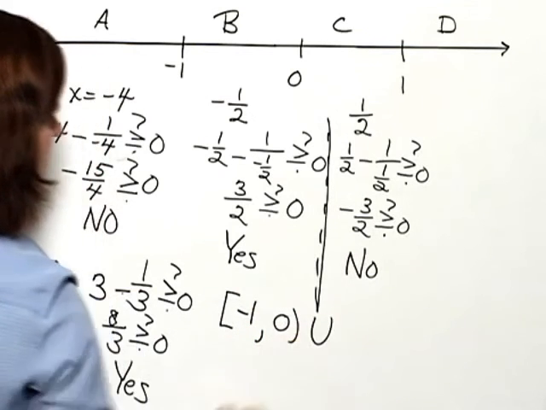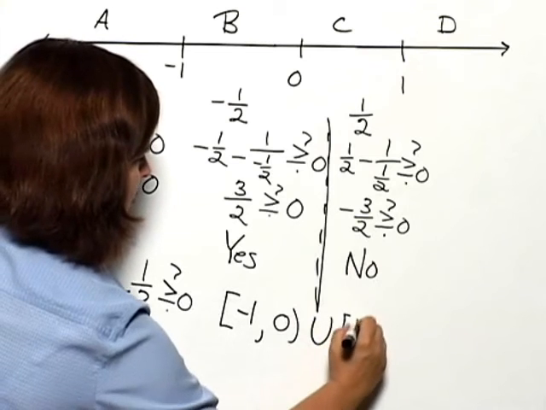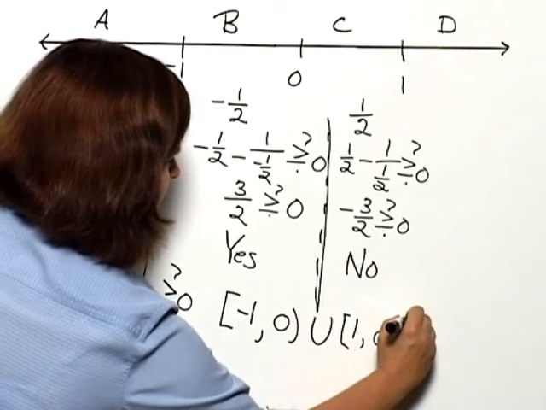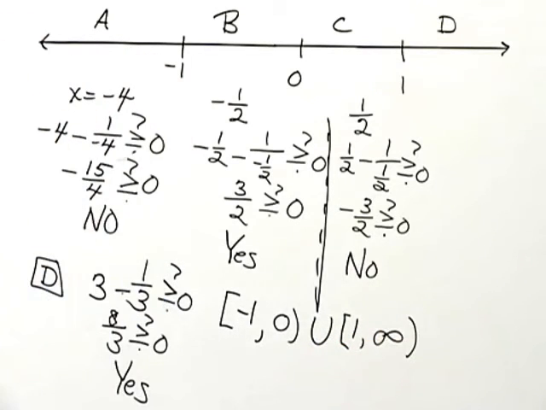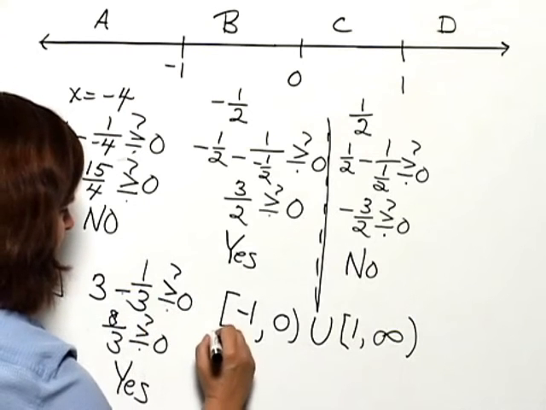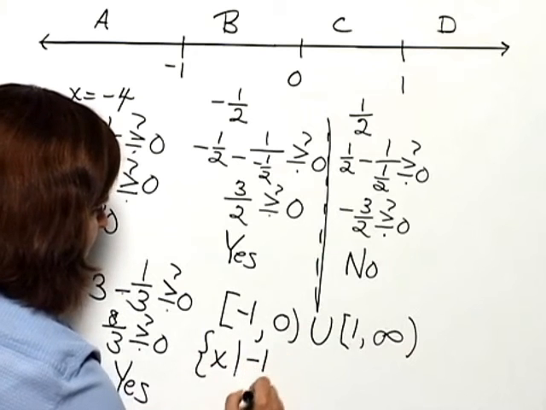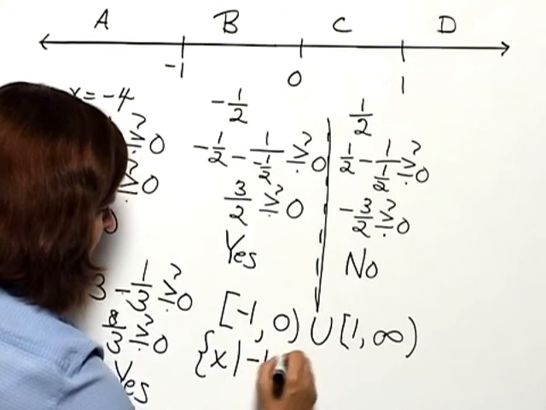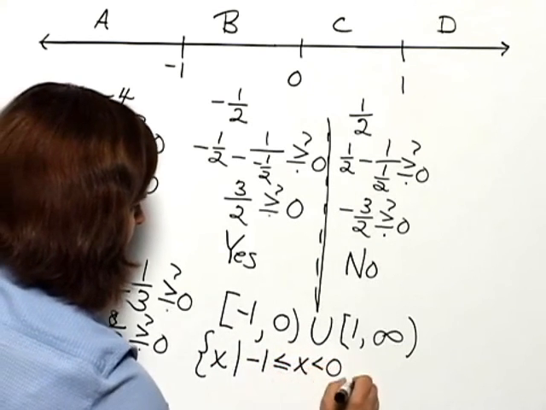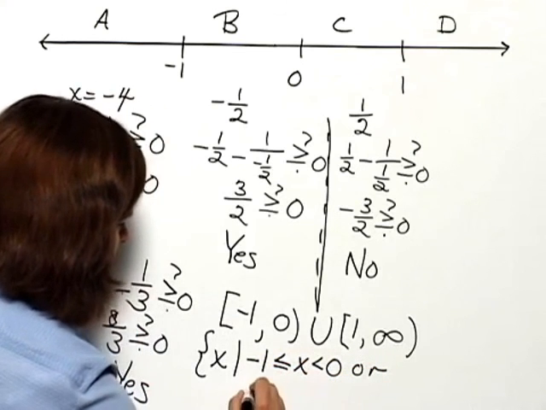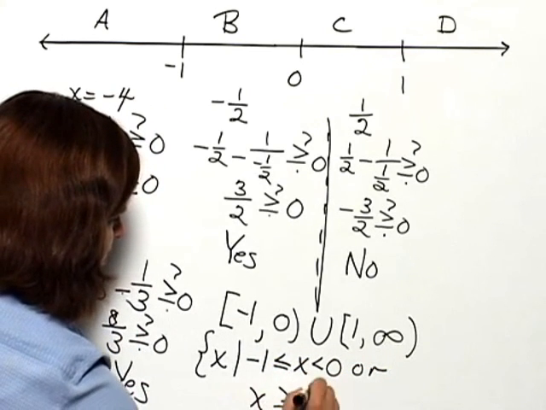And we want interval D, which is 1 to infinity. That's the solution set, or we can write it as the set of all x such that x is between negative 1, including negative 1, and 0, or x is greater than or equal to 1.